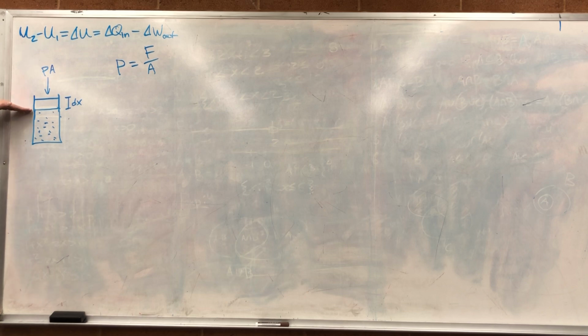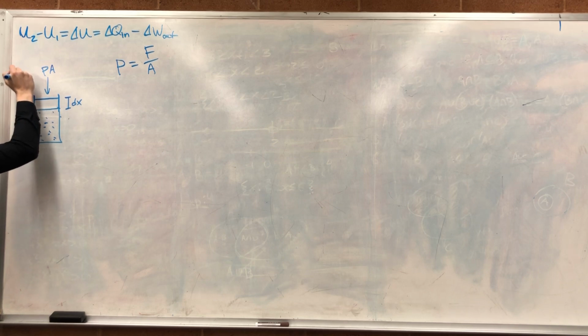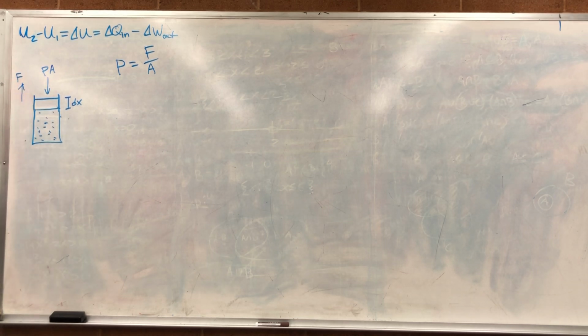So if the piston expands from here to here, it had to apply that same force in this direction, F, to displace that piston, dx. Same amount of force as the pressure force? Well, it has to overcome the force to move the object. But if it's the same, then it'll just stay put. So it's barely, slightly, an infinitesimal more.